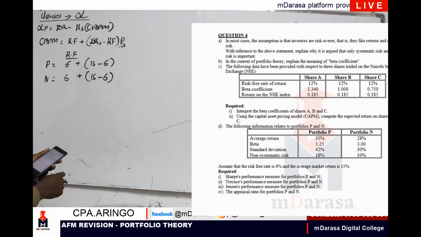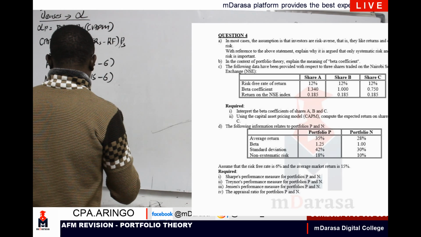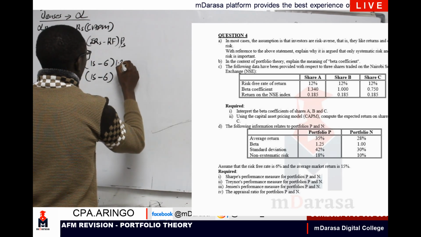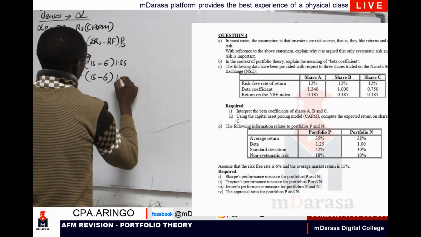What is the beta coefficient of security P? The beta coefficient of security P is 1.25, and this one is basically 1.